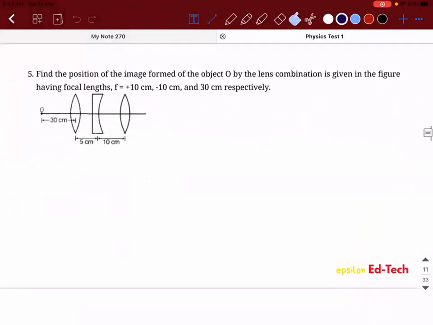So find the position of the image formed by the object O by the lens combination given in the figure, having focal lengths plus 10 centimeter, minus 10 centimeter, and plus 30 centimeter respectively. Okay, so the focal length of the first lens is plus 10. Wherever you see plus 10, what kind of lens will come to your mind?